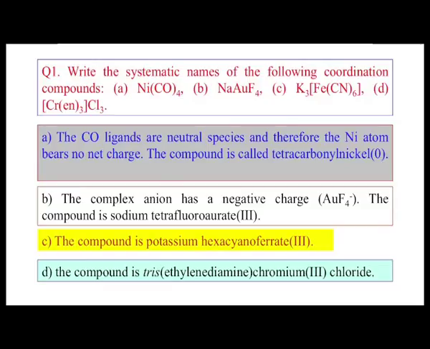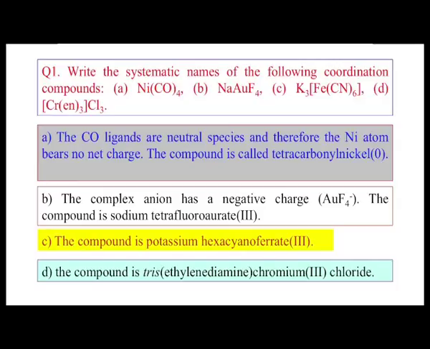The second one, if we do not write the square bracket, because this will be under square bracket, sodium will be outside the coordinate sphere. This has not been given deliberately so that we do not get confused. The cationic part is Na+ and the anionic part is AuF4 minus. So it is a sodium salt of the anionic complex, which is tetrafluoroaurate.